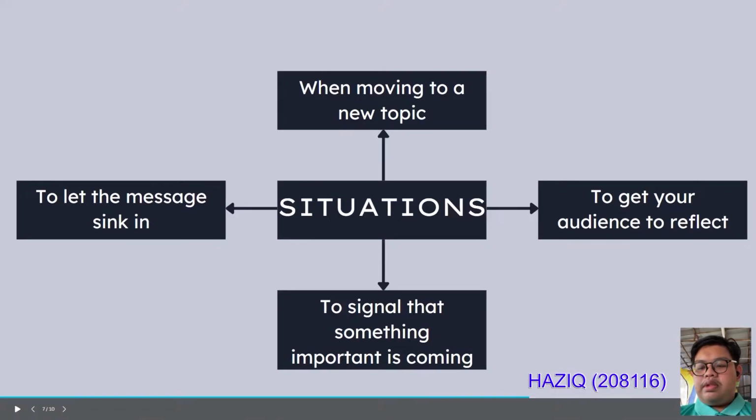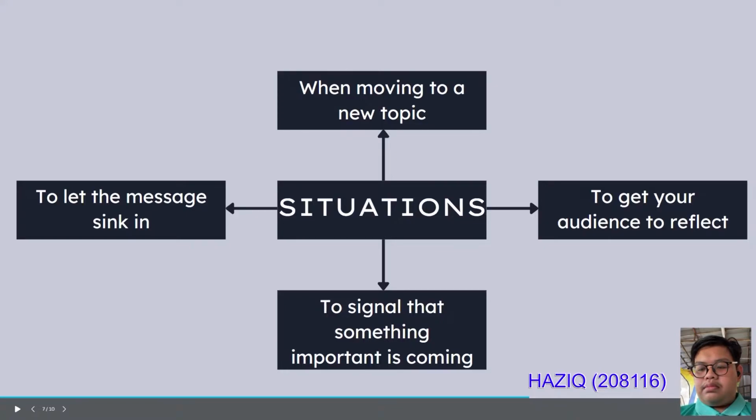The next one is, in what situations can we use pausing and also hesitation? First of all, we can use pausing and hesitation to signal that something important is coming. For instance, when we pause, people know that what we are going to say next is a very important point or piece of information.